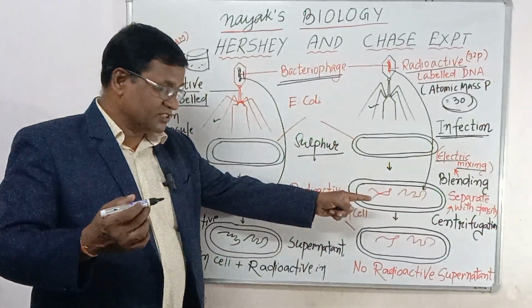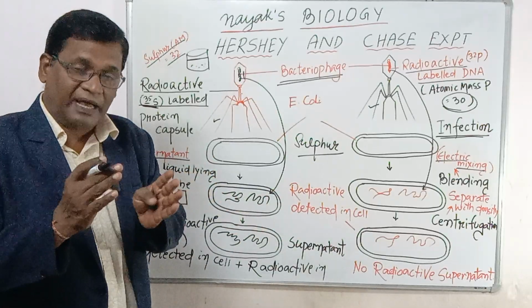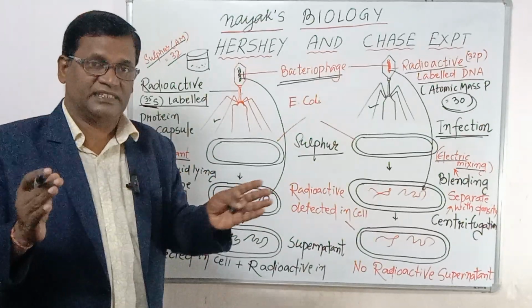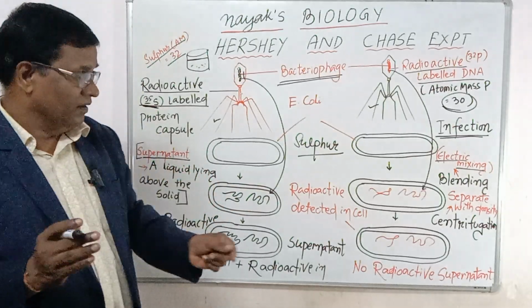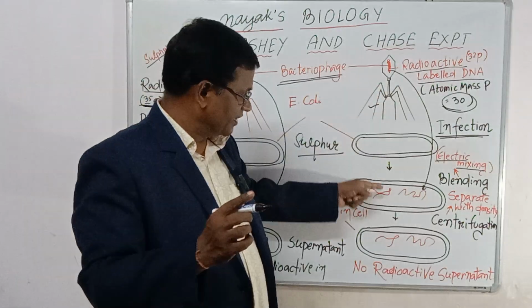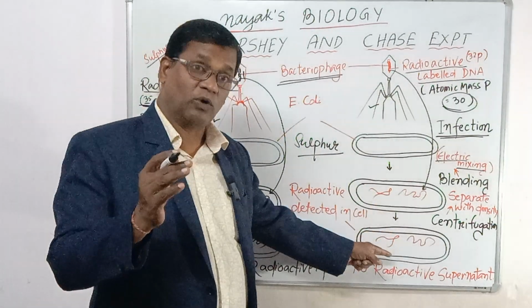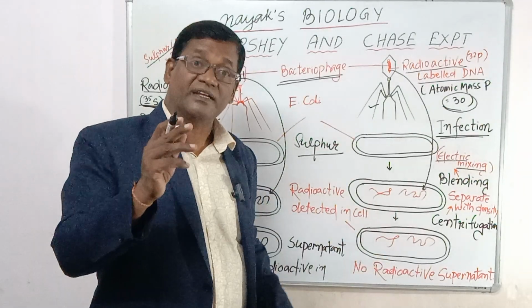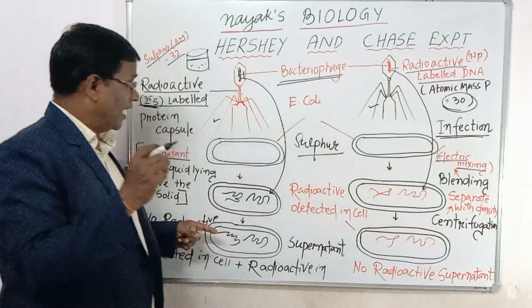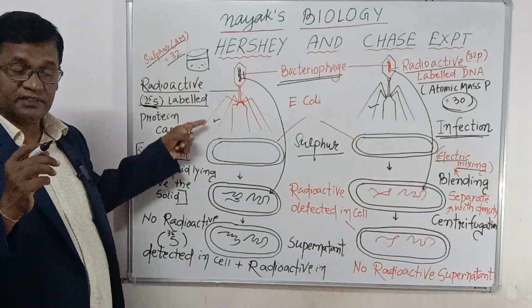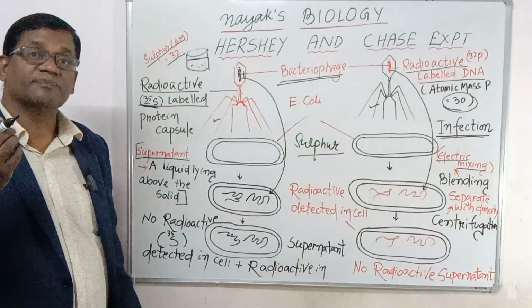Why are we doing the centrifugation? We do it to separate the viral particles and the bacterial cells, because the virus infects the bacteria. When we separate, the DNA has come into the bacterial cell. What you get are the bacteria affected by radioactivity. But those labelled with radioactive sulfur are not affected. What does it mean?